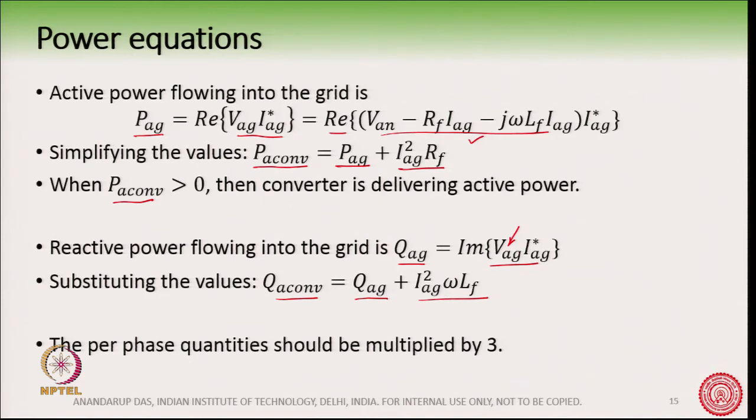So, whatever the reactive power is supplied by the converter, some part of it is absorbed by the inductor and the rest is delivered to the grid. Of course, these are per phase quantities, and for a 3 phase system, this is to be multiplied by 3.